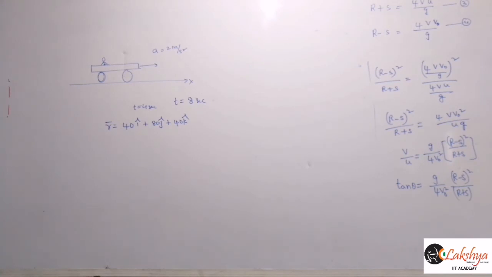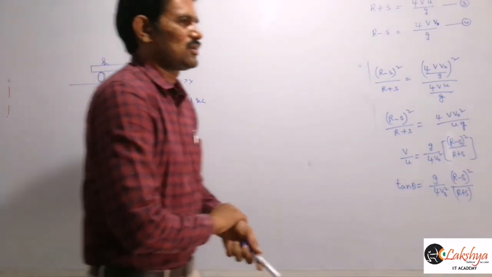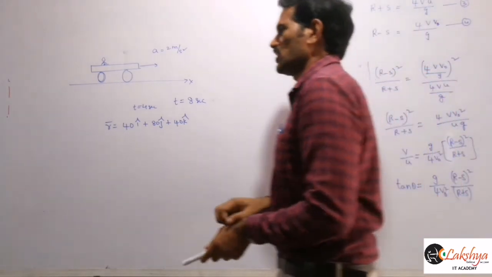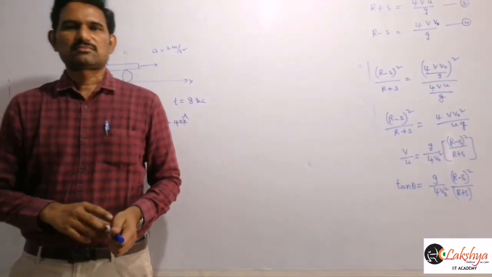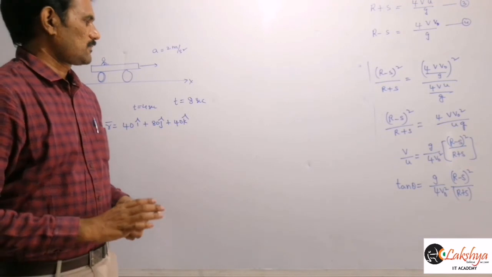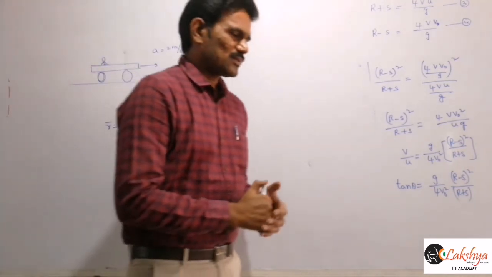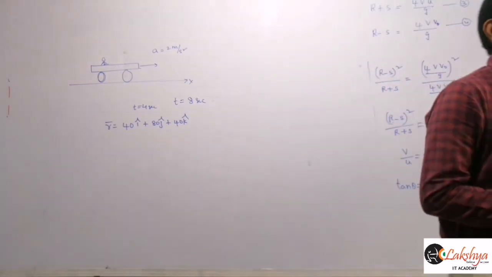Then find initial velocity of the bullet. Y-axis is in horizontal plane.